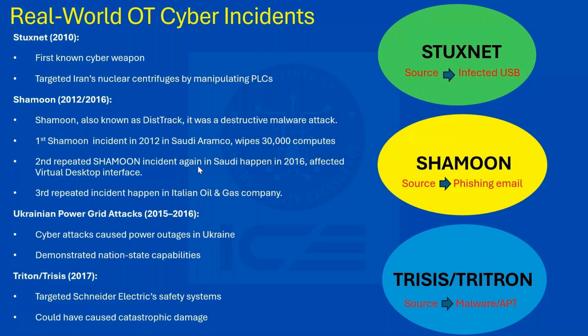It was a huge impact. The same happened a second time to similar facilities, and then the Ukrainian power grid attack, which is also very well known, created a complete blackout for certain thousand hours. I don't remember the exact figure, but it was a huge blackout because of this incident.